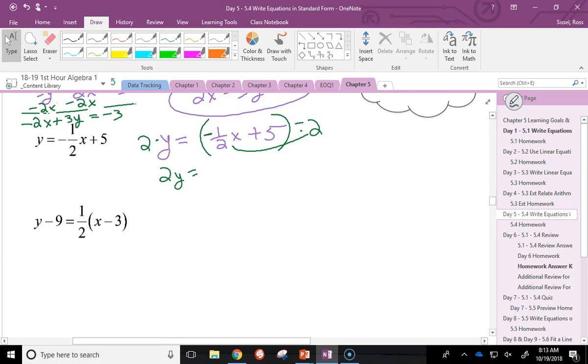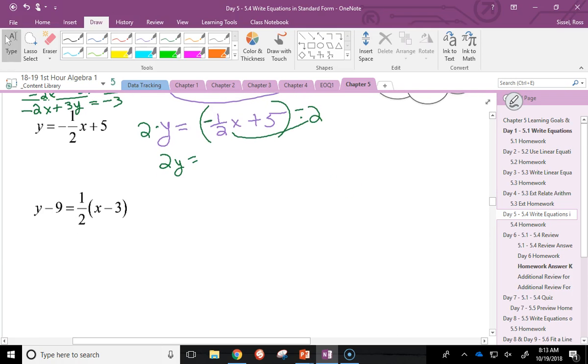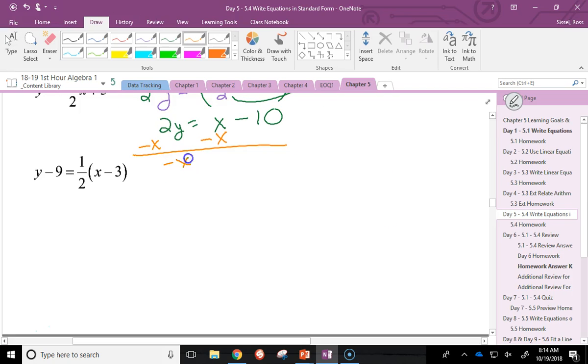Let's times by negative 2. Negative 2 times 1/2 would just give us x. Negative 2 times positive 5 gives us negative 10. Then we have to get x to the other side. So this is where I minus x and minus x. So now I have negative x plus 2y equals negative 10.